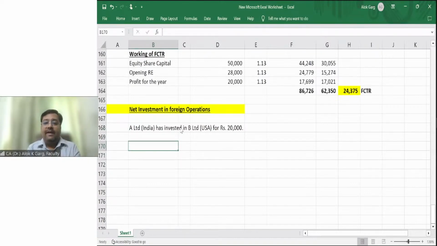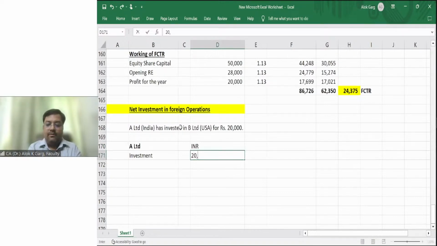Now, in the books of A Limited, it will be an investment. This investment will be in INR 20,000, right?